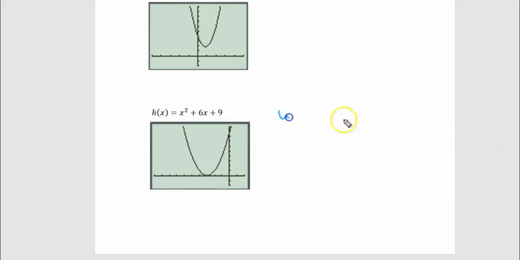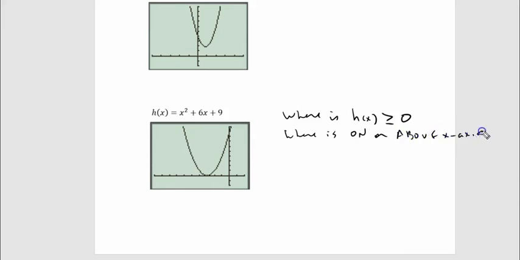But now, if the question is, where is this on or above the x-axis? Then that will include everything now because it will be on here, and that is now allowed because of that symbol, and above everywhere else.